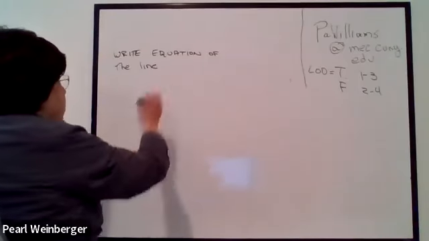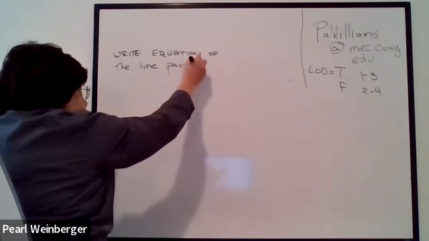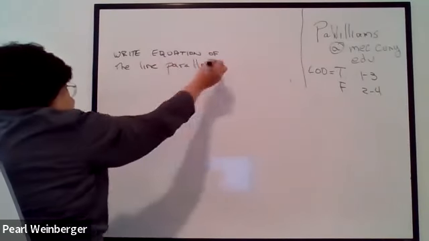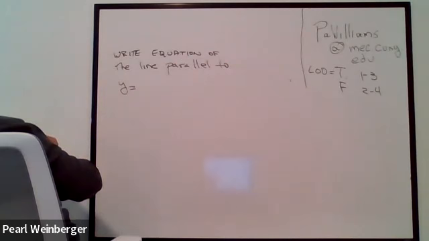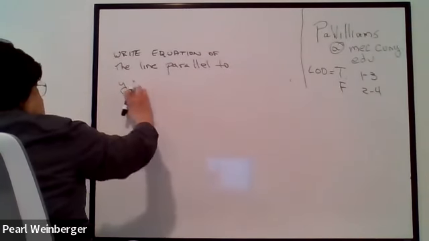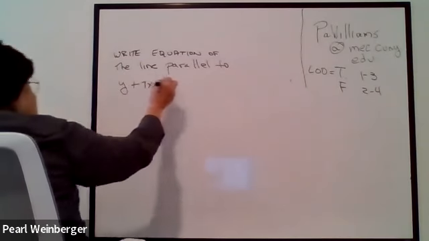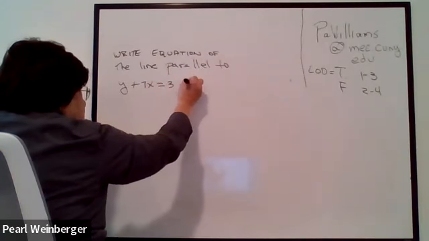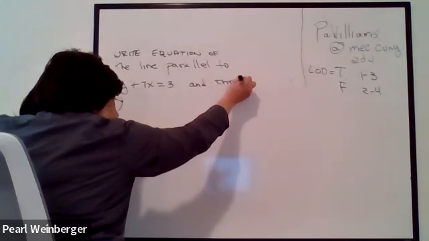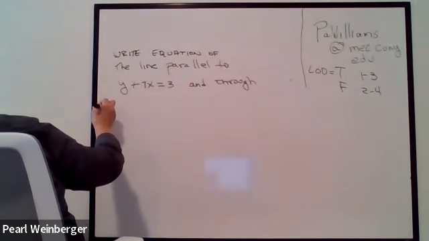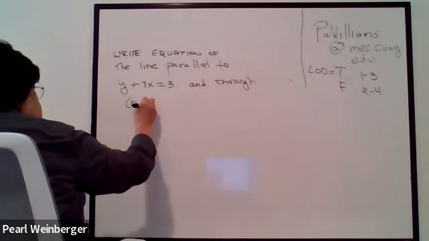So we want to write the equation of the line that's parallel to the line y plus 7x equals 3, and passing through the point (0, -3).